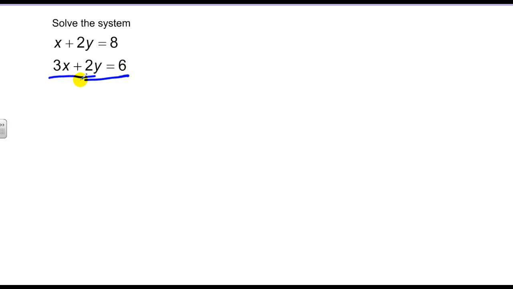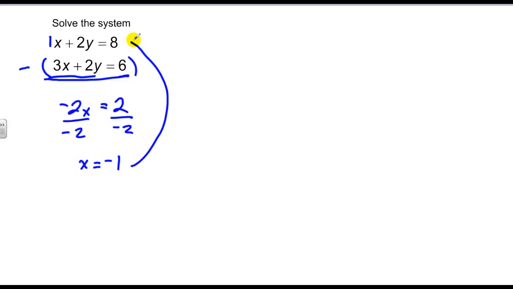So what I'll do is subtract the bottom from the top. I have 1x minus 3x. 1 minus 3 is negative 2x. 2y minus 2y is 0. And 8 minus 6 is 2. So now I divide both sides by negative 2. And x is equal to negative 1.